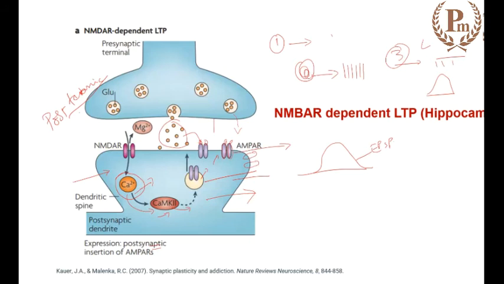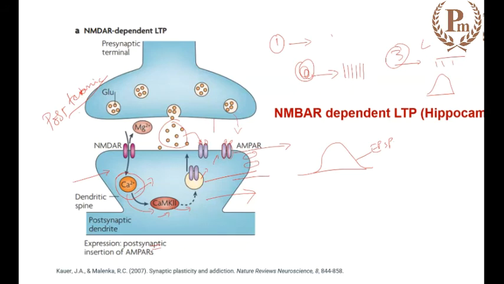If you want to know the full form of AMPA, I can tell you. AMPA is a big name, so usually we don't take the name of that, but for you I'm telling you. AMPA means alpha-amino-3-hydroxy-5-methyl-4-isoxazole propionic acid.